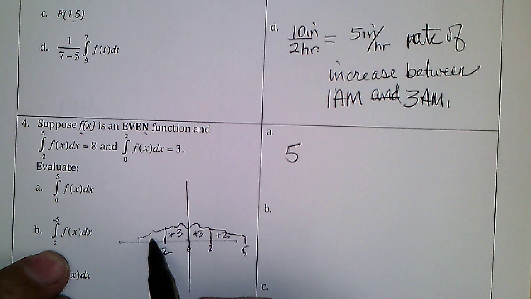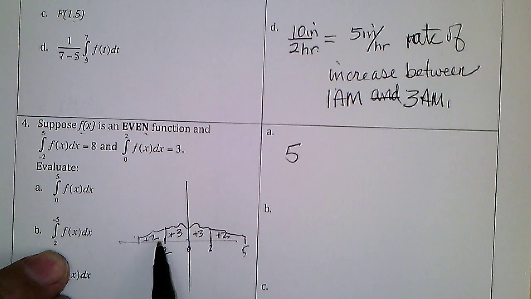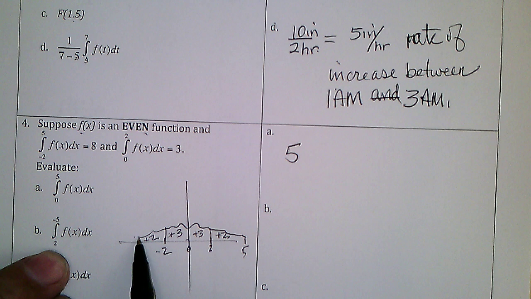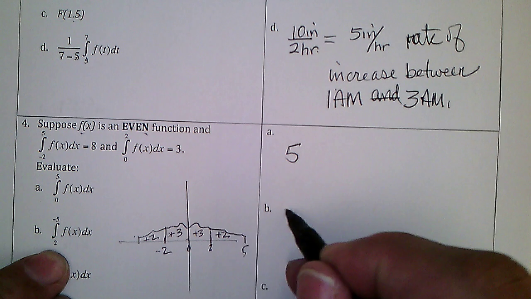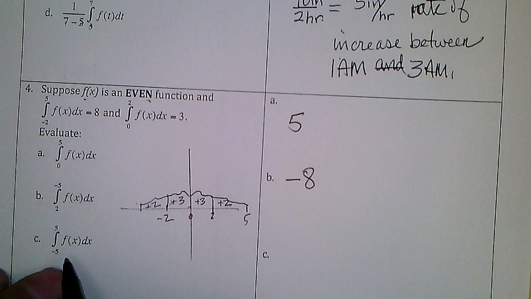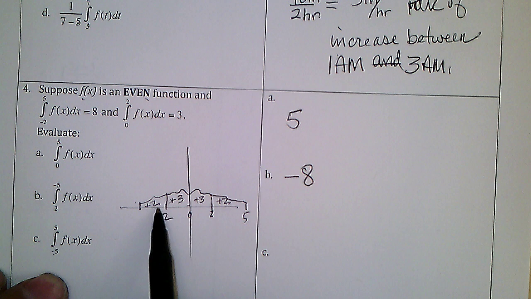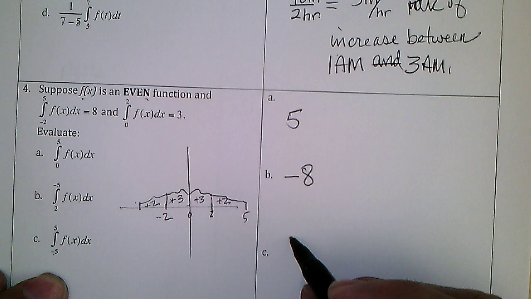Well, there'd be 2 out here, but we're going from 2 to minus 5, so that would be 6, 7, 8, but we're going backwards, so it's minus 8. And how much is it from minus 5 to 5? Well, since these are positive 5, and this is another positive 5, that's a total of 10.